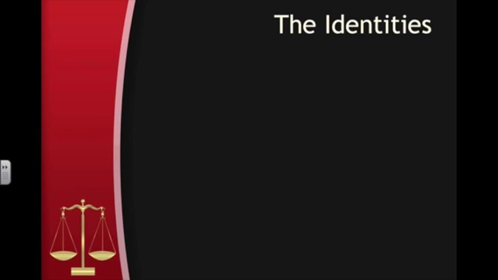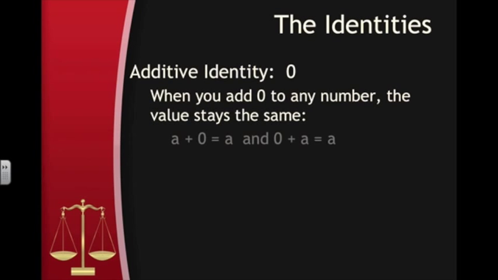Another pair of terms we need to be familiar with is the identity and the inverse. An identity is a number that leaves a value unchanged after performing an operation with it. The additive identity is 0 because if you add 0 to any number, it keeps the same value.